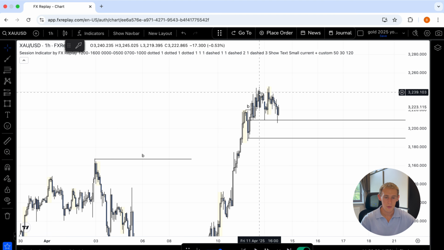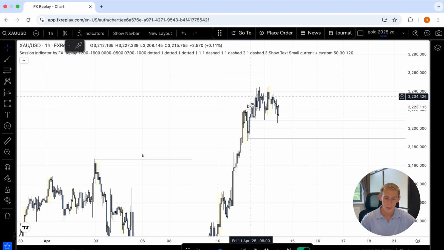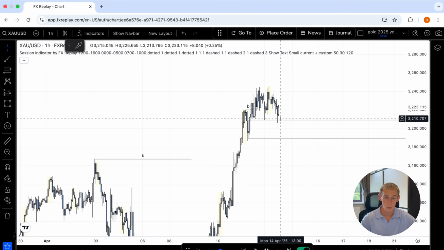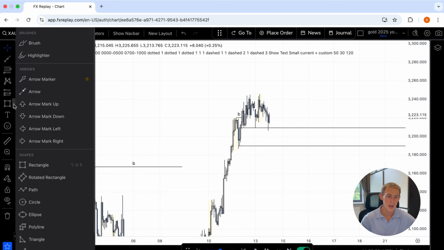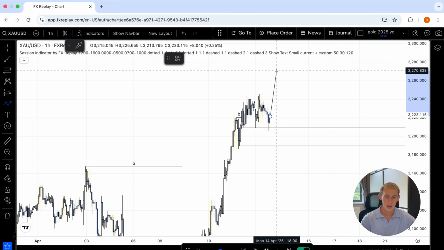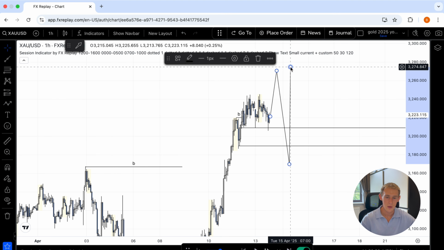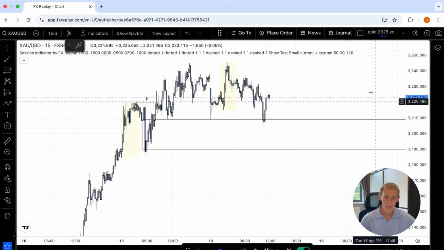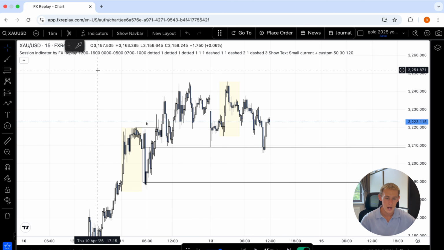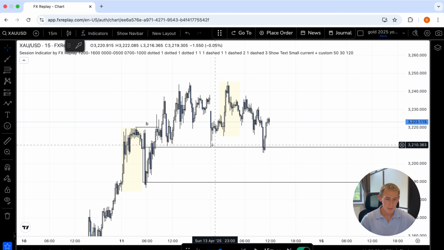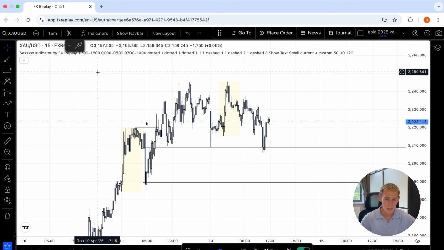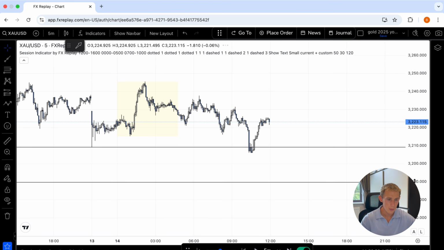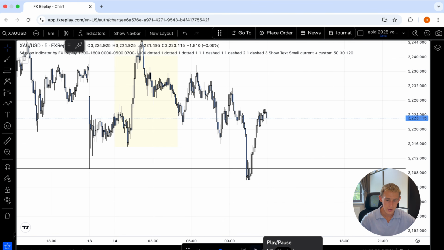So the chances are, rather than this being a big retracement lower, it's probably just going to be a small pullback for price to come higher. And then it may do something like this later on where it comes back to collect that liquidity. But as of right now, you're just expecting this to be a small pullback based on how slowly and correctively it's moving down. It swept Asia low and also this low. So if we hop over to the M5, we can look for an entry here.